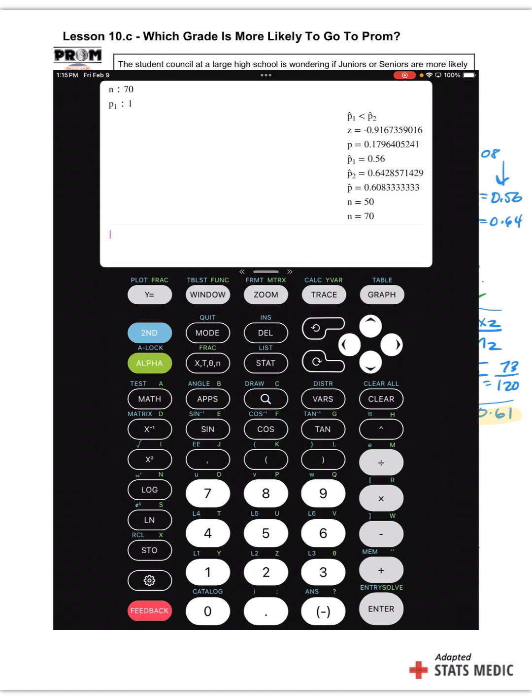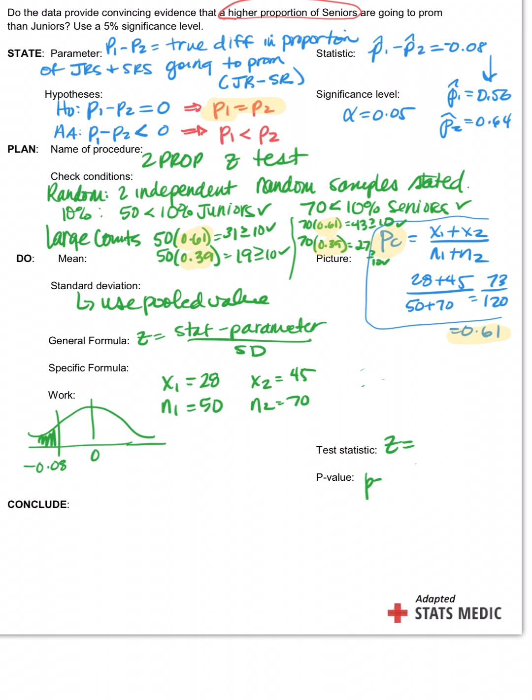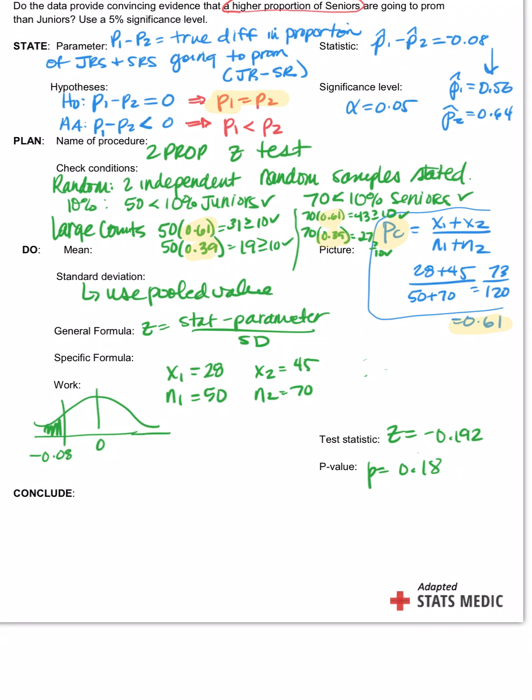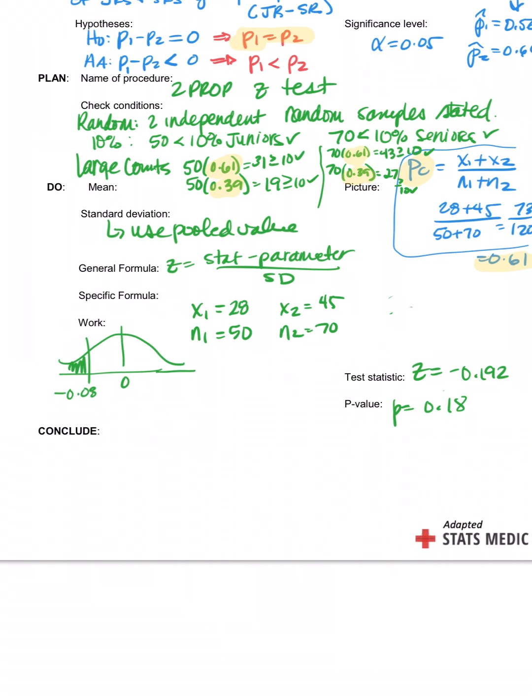All right. So we'll go back to our paper. So now we know our z-score is negative 0.192, and our p-value is 0.18. Now we have enough to draw our conclusion. So we're going to say, since 0.18 is greater than 0.05, we fail to reject the null.